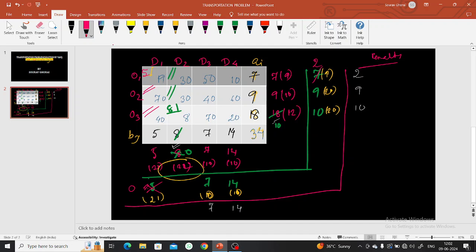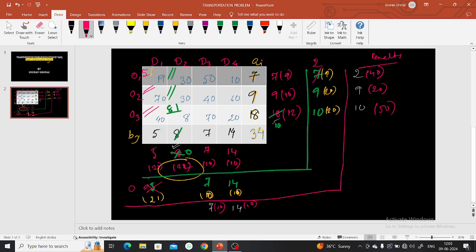Now find the differences. This will be 40, this will be 20, this will be 50, this will be again 10, and this will be again 10. What is the maximum penalty?